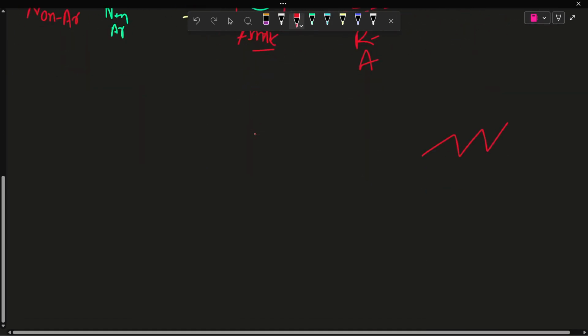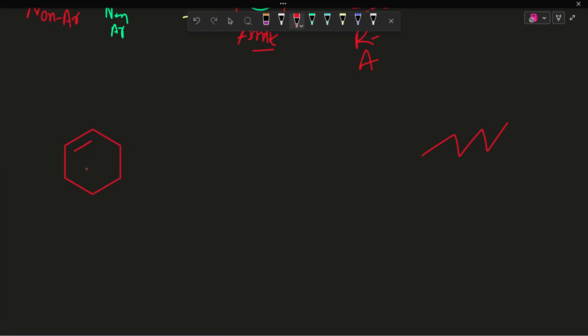Now let's take an example. Let's take this molecule. I haven't completed it yet. Most of you might have thought it has been asked. So let me ask it. What is this molecule? In this molecule, let's apply the rules. One is cyclic. Is it cyclic? Yes, it is.